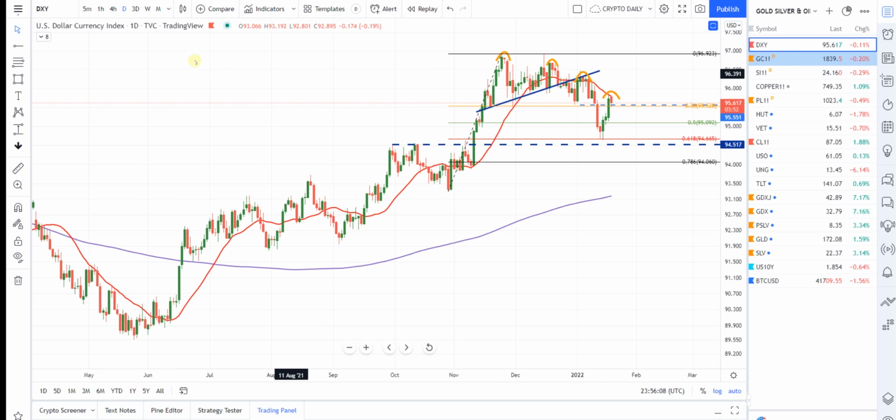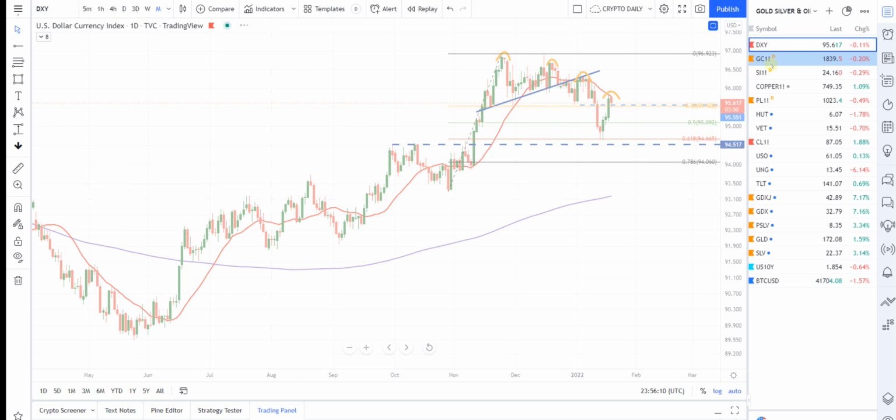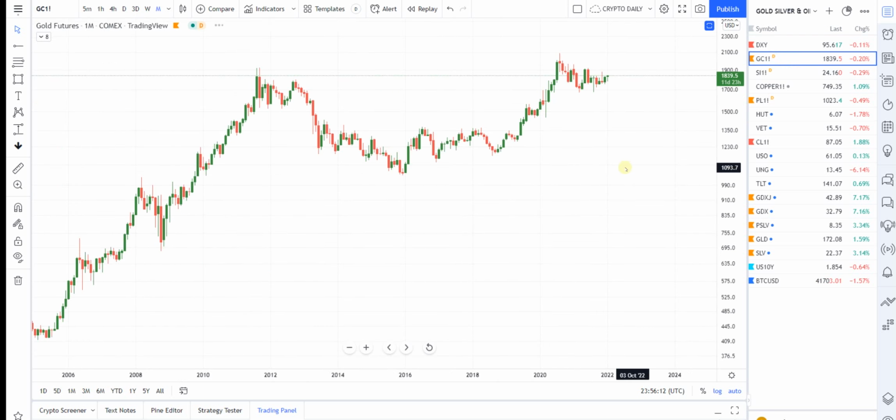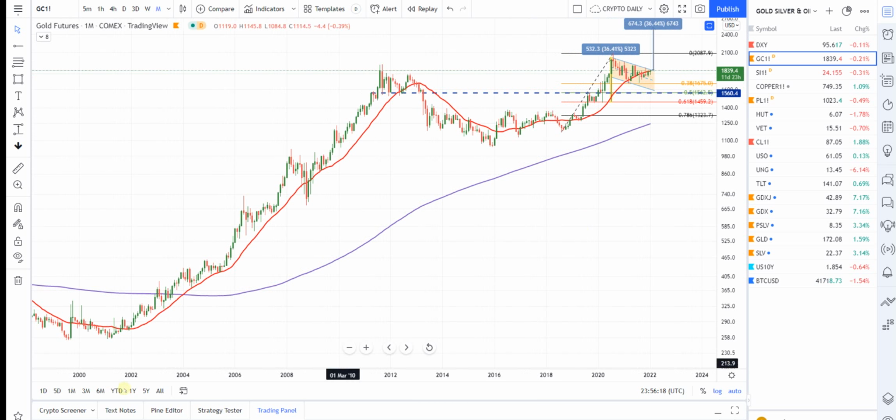But okay, let's go to gold. On gold, we are going to look at the monthly chart, for a few reasons. We kind of double bottomed back here between 1999 and 2001, and then it was just a straight ride, a real nice rocket ride up for gold, and it really didn't have too bad of a pullback.